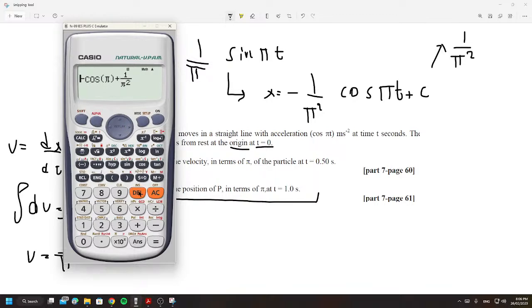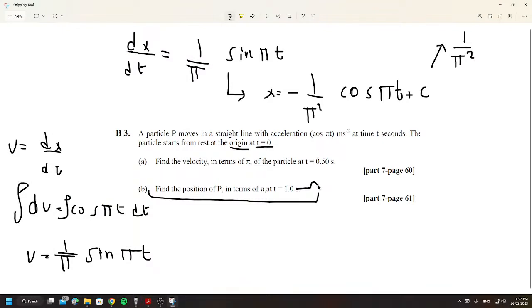I'm not getting the right answer. On the answer key it says the answer is 2 over pi squared.